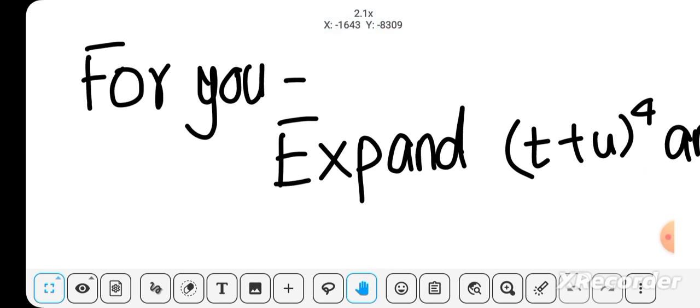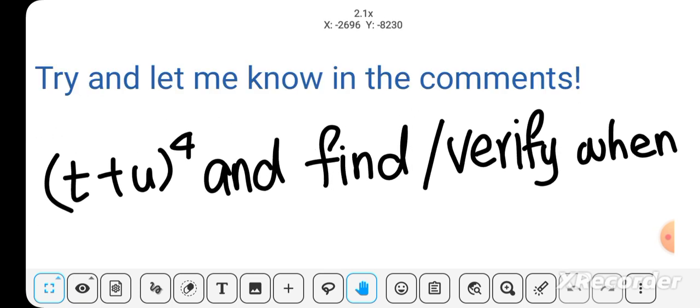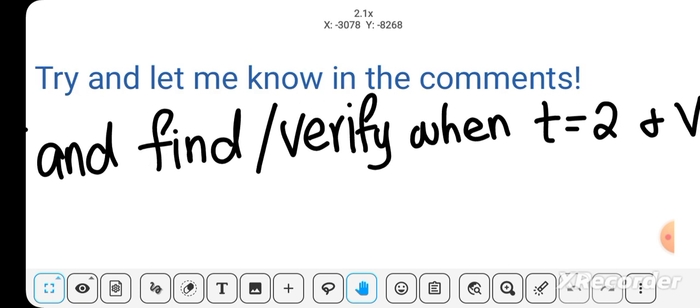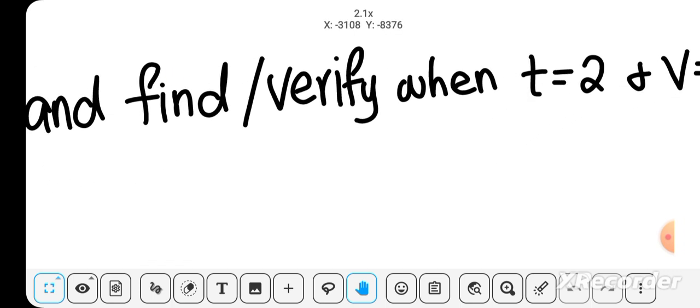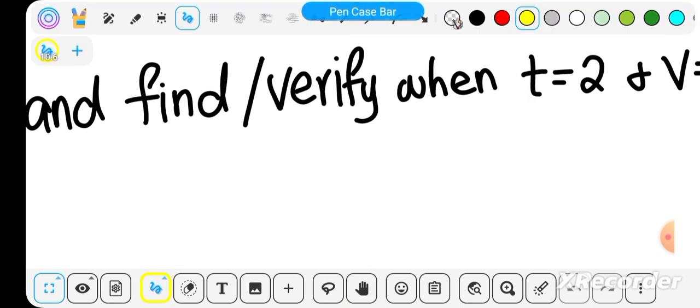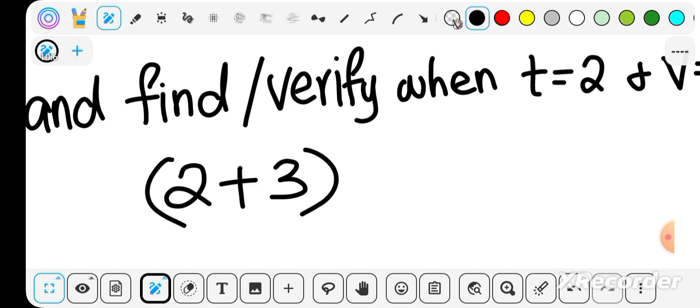Now I have a question for you, and that is to expand t plus u to the fourth power and to find or verify when t is equal to 2 and v is equal to 3. Basically what I mean here is 2 plus 3 to the fourth power, and you get an answer when you expand this.